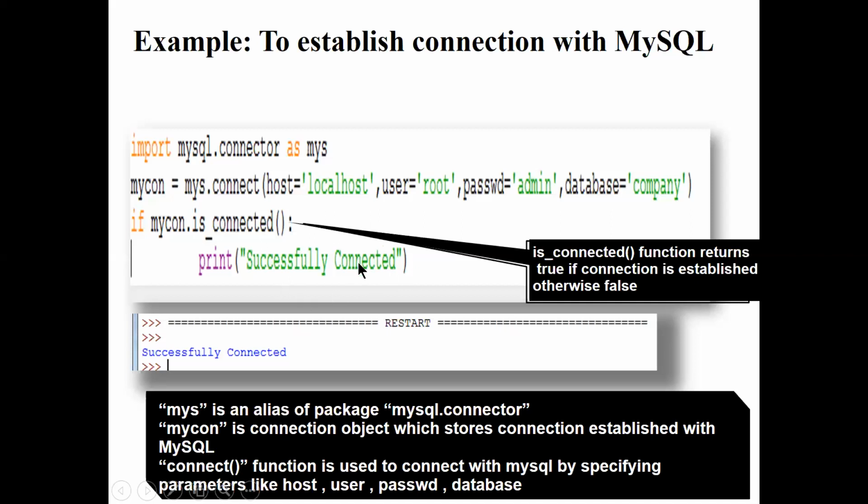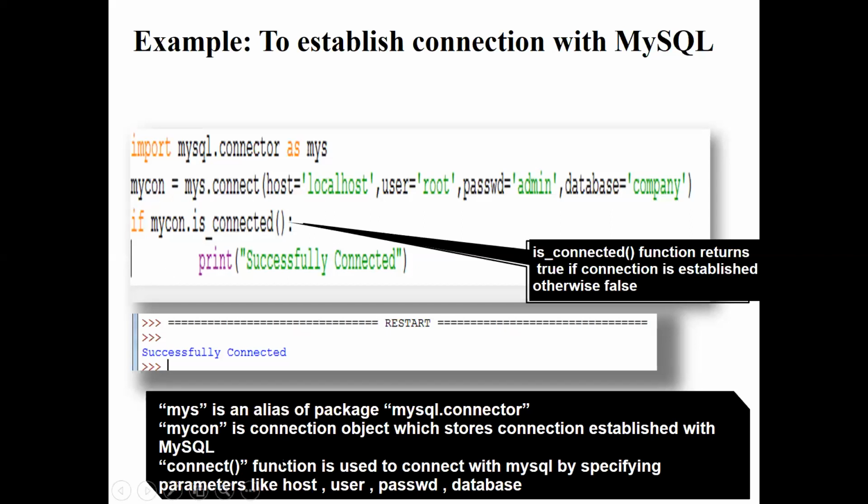This message gets printed if that connection is established successfully. Here after this I will be using this my connection object to do the further task, to create a cursor, right? So first you have to establish the connection, and then you will be creating the object for that.